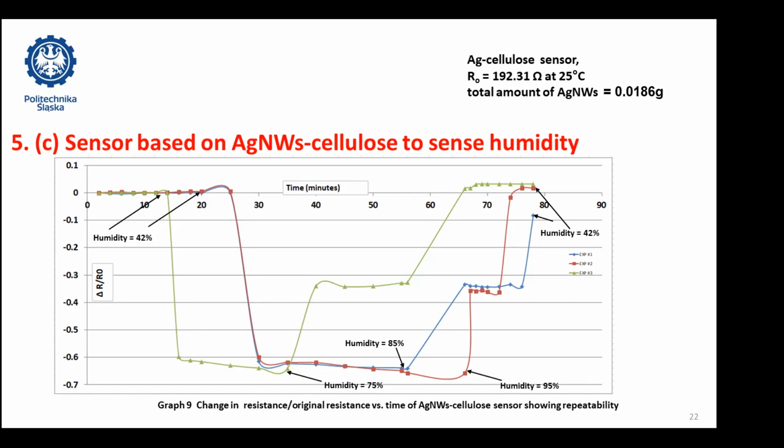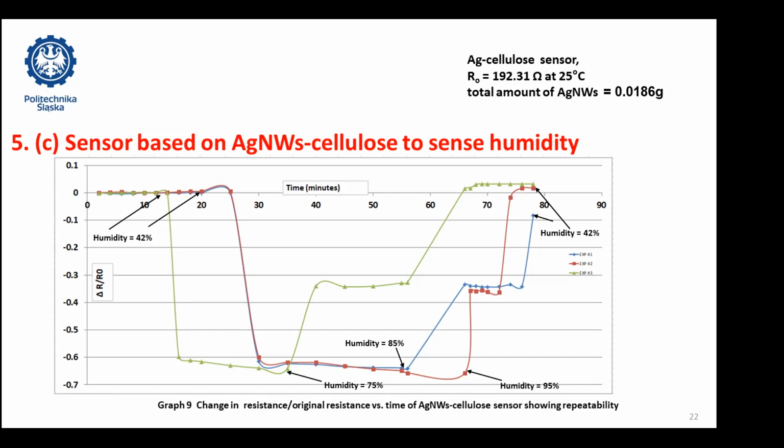At this critical value, maximum swelling has occurred, or I can say this is the maximum extent to which my sensor has swollen. And if you cross the critical value, there is no change in the swelling. There is no change in the resistance. The line becomes horizontal. That means the sensor cannot swell.